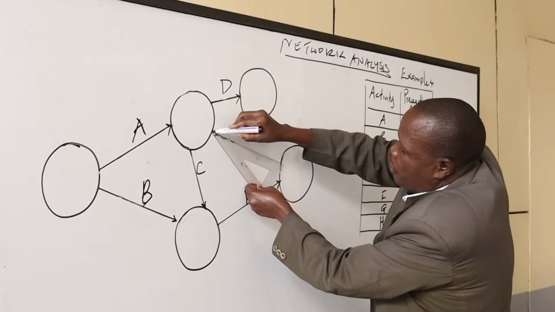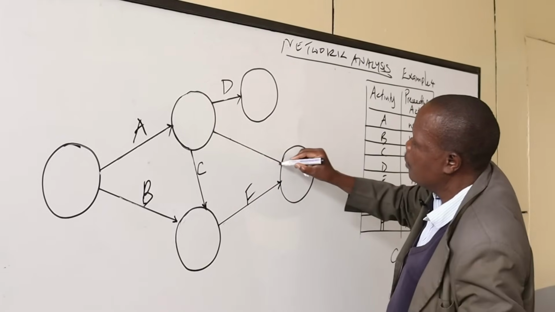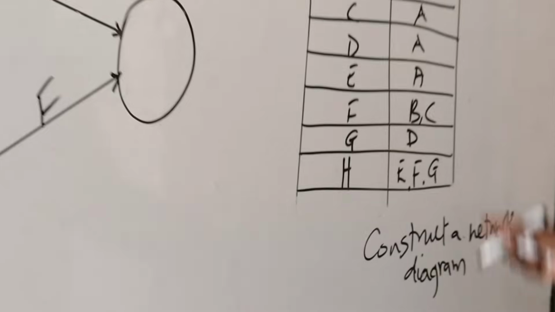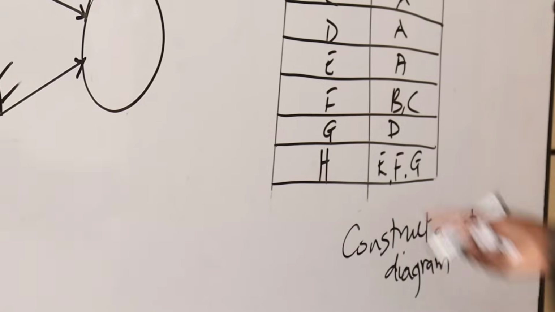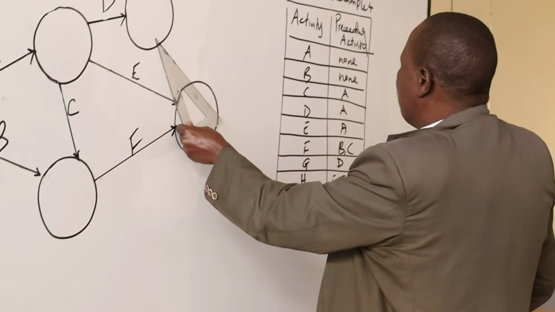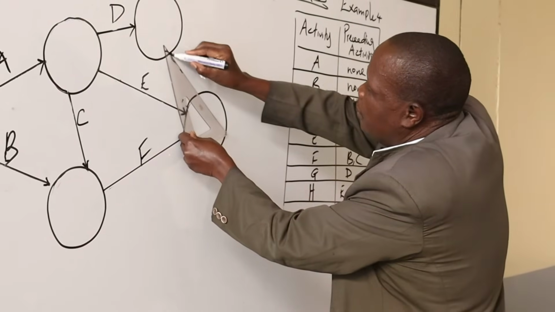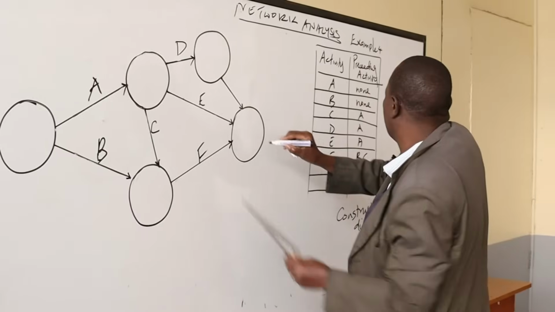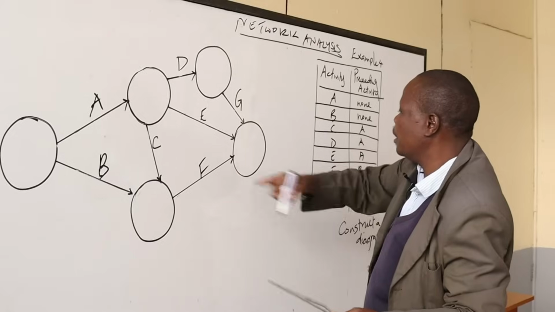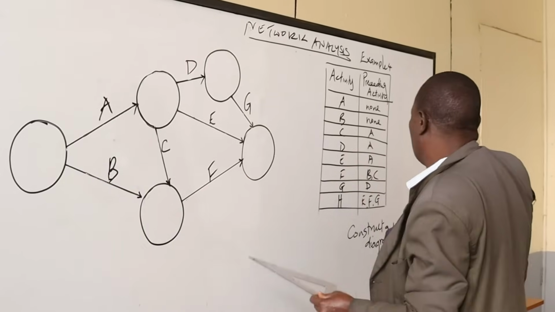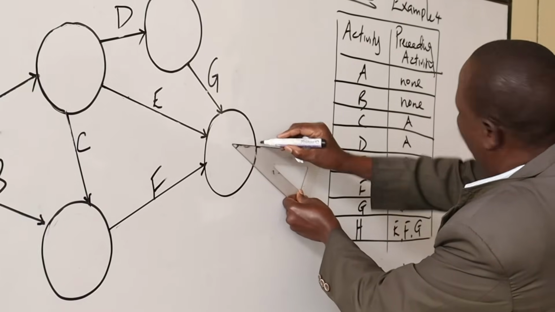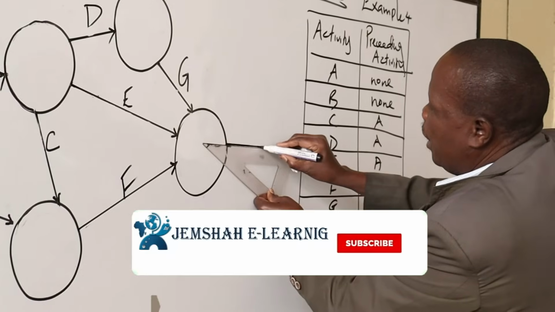So E is converging with F, and D is giving rise to G. D is a preceding activity to activity G. So that means E, F and G, that is EFG, are giving rise to activity H.